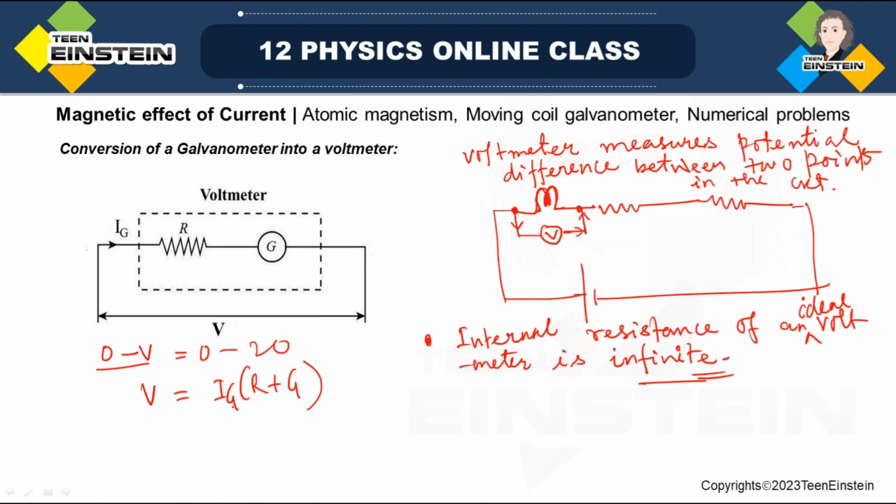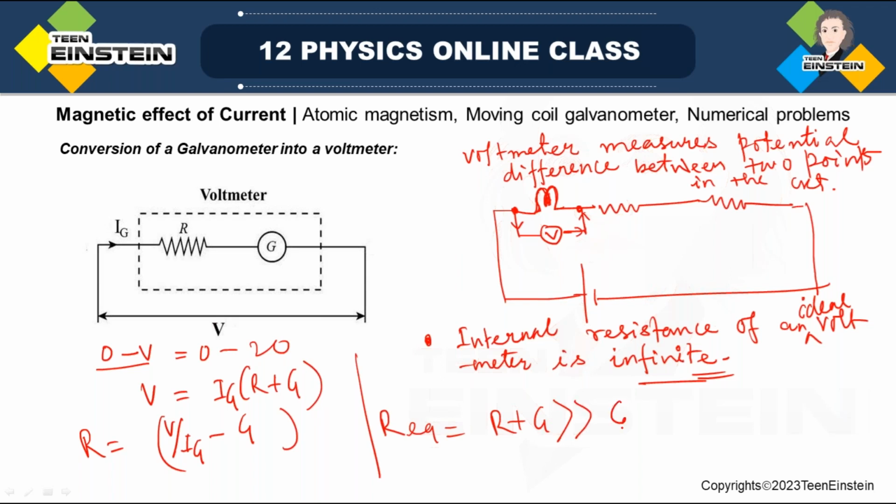Suppose I want to find out R, so V by Ig minus G, this will be actually R. This will be the resistance required to connect to the galvanometer to convert the galvanometer into a voltmeter. In this case, the effective resistance, equivalent resistance, is R plus G, which is actually much greater than G.